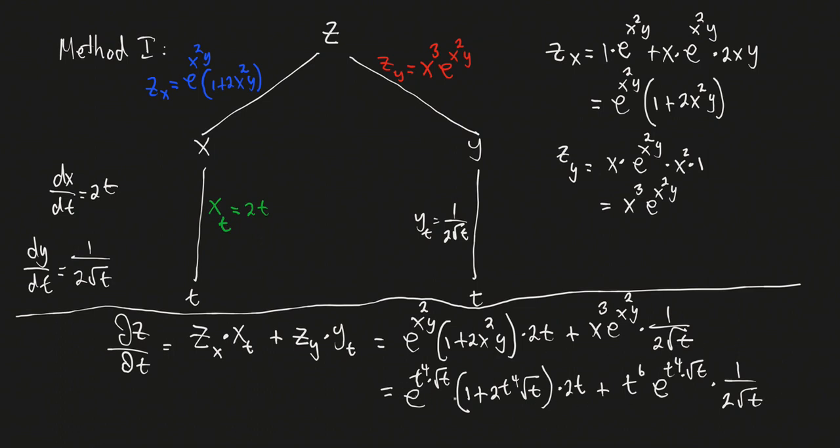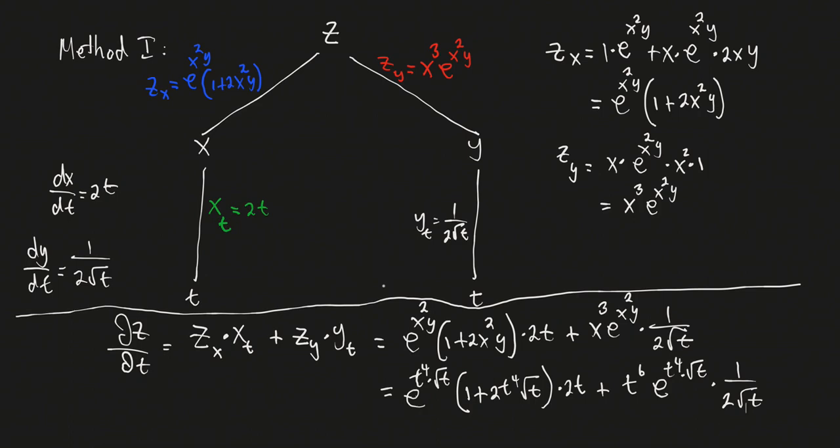There are things we can do to simplify this, but I just wanted to show you, again, setting up the tree, finding the partials, multiplying and adding the appropriate terms, and then writing your final answer in terms of essentially your lowest level of variables. So that's one way to do it.